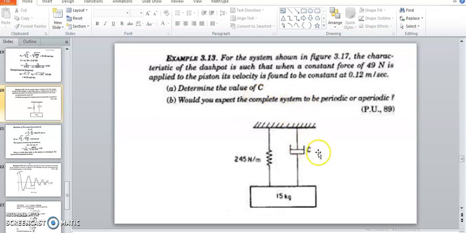So indirectly they give the damping coefficient in terms of damping force and velocity of that piston. The constant damping force is given as 49, and the velocity is given as 0.12 meter per second. So force and x dot are given, and you can find that C value.